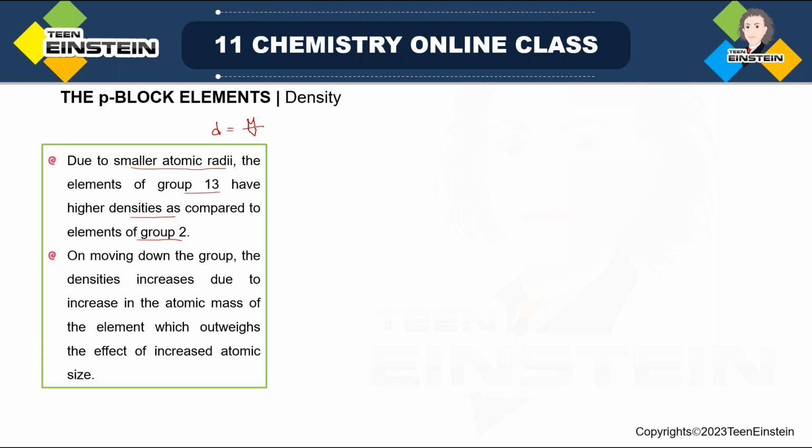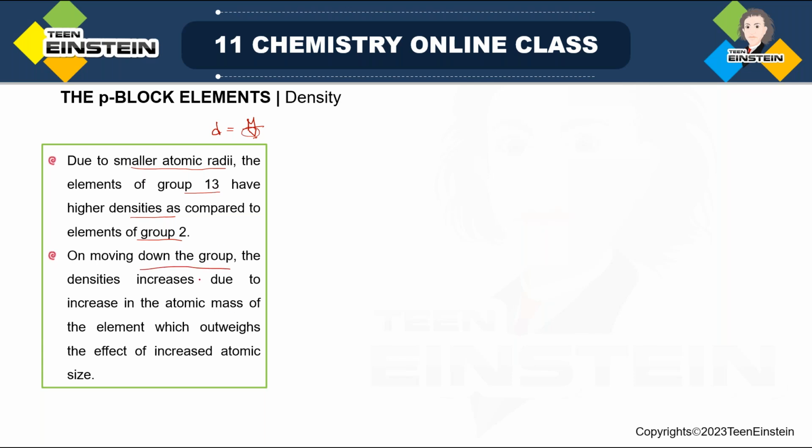Here mass is increasing, that is fine, but radii is very small, and small radii means volume is also small. So when volume is small, the denominator will be very small, and as a result density, that is the ratio, will be high.